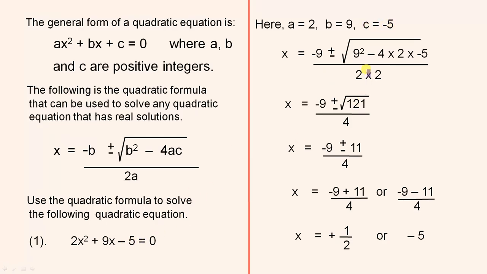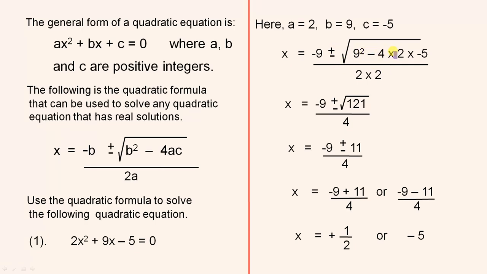So we just substitute directly into the formula. So it says x equals minus 9 plus or minus the square root of 9 squared minus 4 times 2 times negative 5, over 2a, which is 2 times 2. So as you can see, we've substituted directly into the formula.